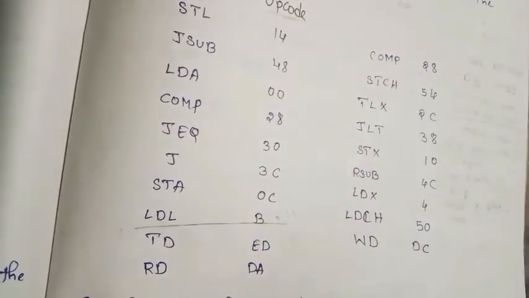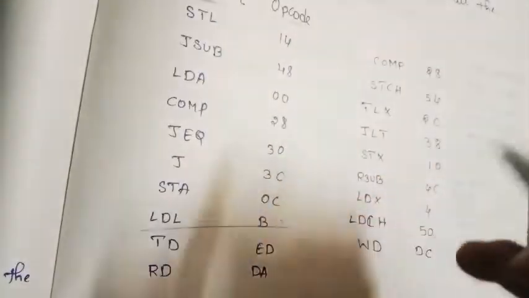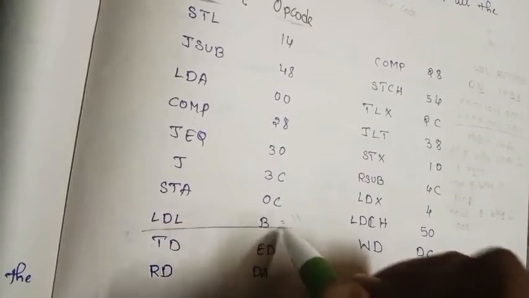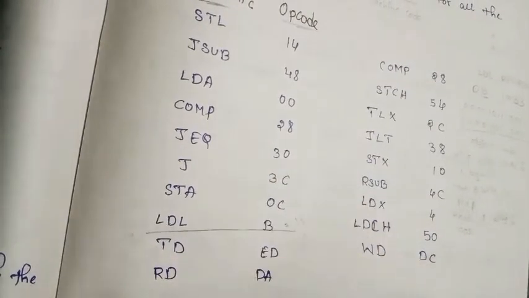B means 11. Already you know that here we use the hexadecimal form, and in hexadecimal A is equal to 10 and B is equal to 11. So here we are going to use the LDL, and I am using B as the opcode. Let us see how to represent it.